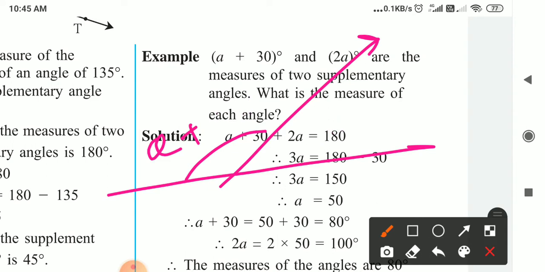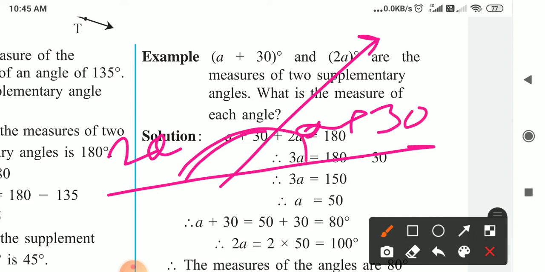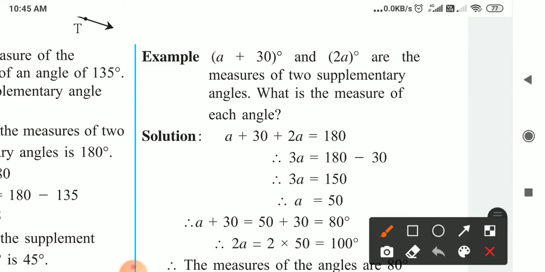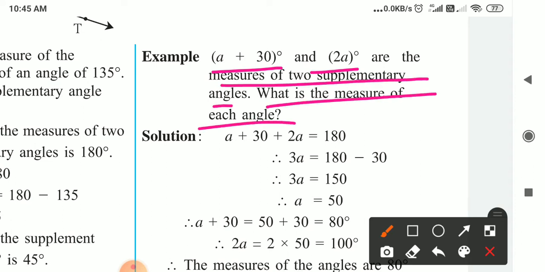The sum of these angles is 180 according to the definition. So a plus 30 and 2a are the measures of two supplementary angles. What is the measure of each angle?